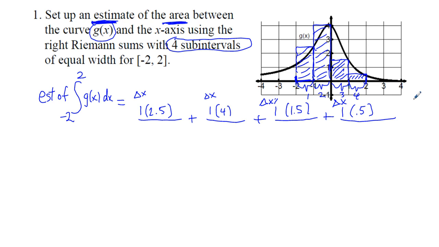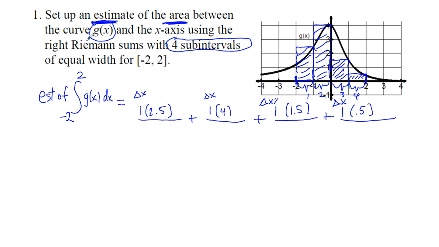And so that's it. And we can add these together if we want to get one number for that. But that would be an estimate of the integral from -2 to 2 of g of x dx. That's how we do it.